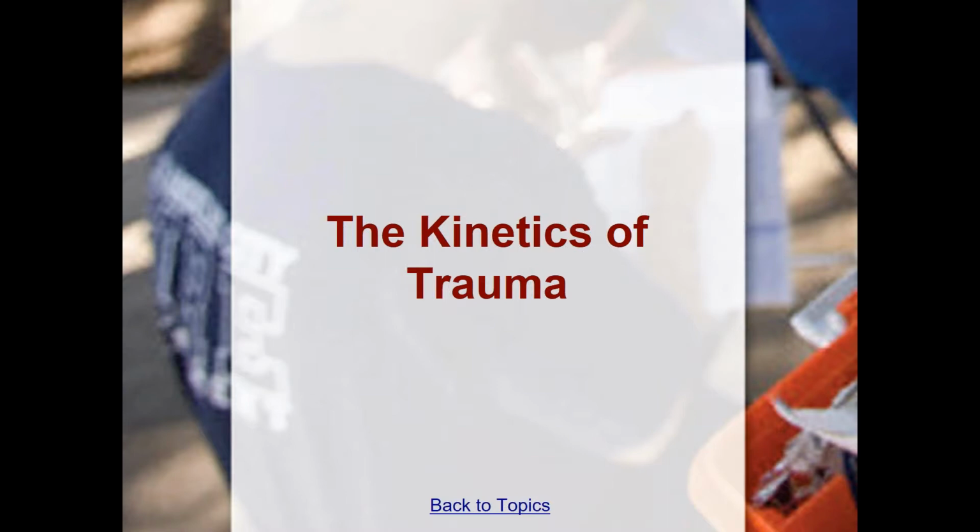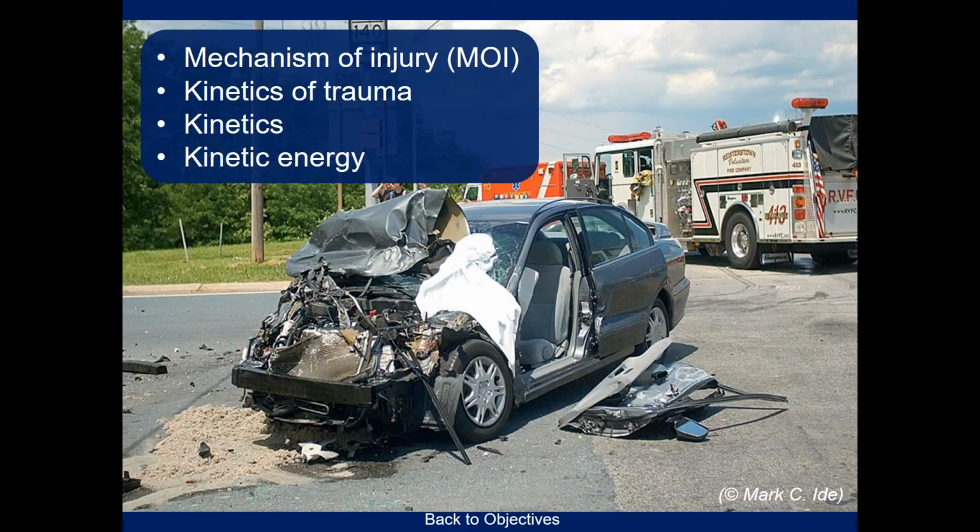Being able to predict what might be injured based on these next few things here, our mechanism of injury, the kinetics of trauma, the kinetic forces applied to the body, and the energy transfer from the body to the object or from the body to the ground is going to tell us some significant information.